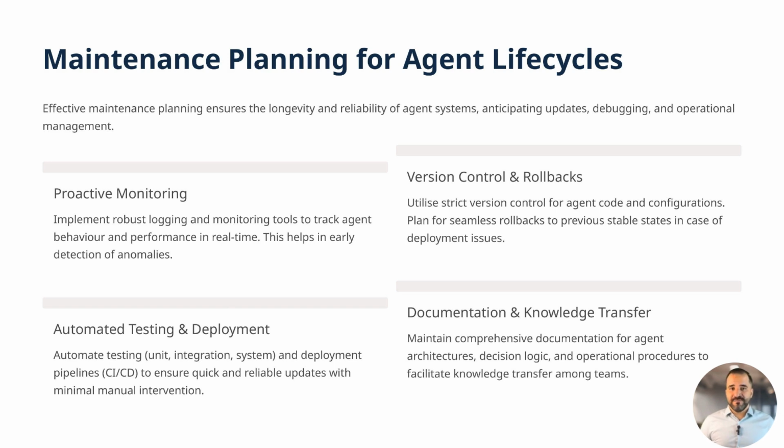Any problematic update can be reverted instantly to a known stable baseline, preserving service continuity. Automating testing and deployment through CI/CD pipelines eliminates manual errors, enforces repeatable processes, and guarantees consistent releases across development, staging, and production environments.